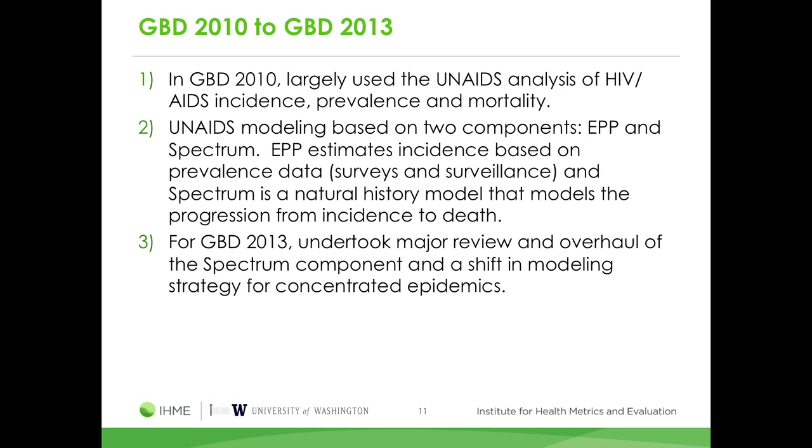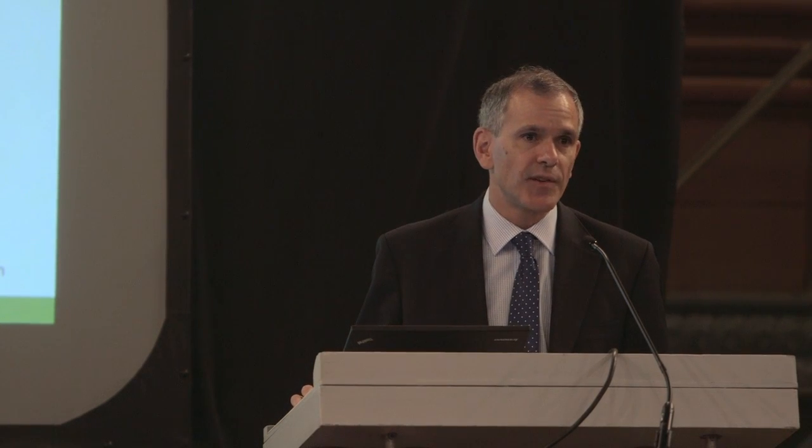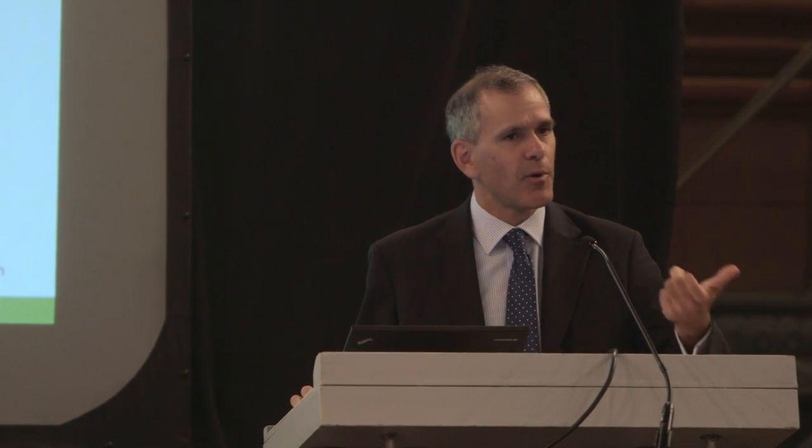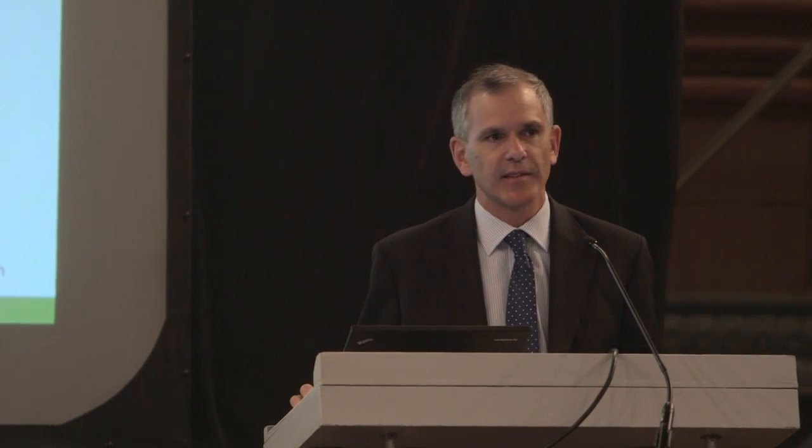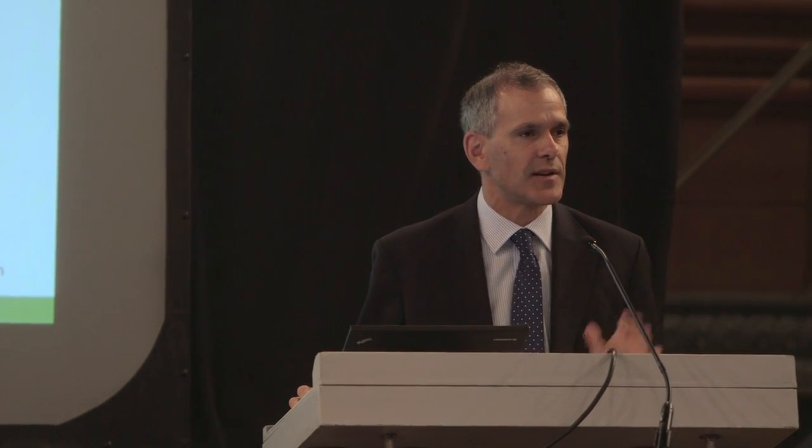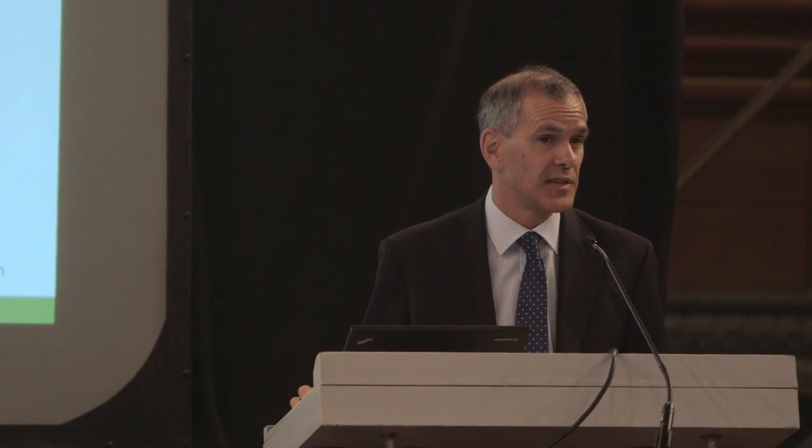And then there is the progression of incident cases by age and sex to death, taking into account both location and access to ART, PMTCT, and other treatment options like cotrimoxazole prophylaxis. So what we started with is the latter part. We focused our energy in thinking about the HIV epidemic on understanding the progression from incidence on, and we haven't done much on the incidence part in generalized epidemics, but some in concentrated epidemics, as you'll see.